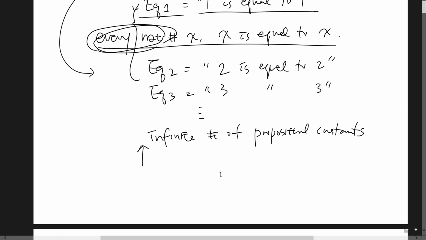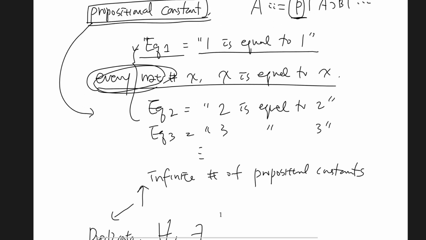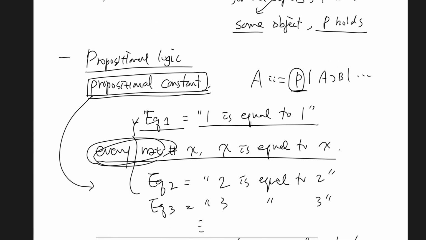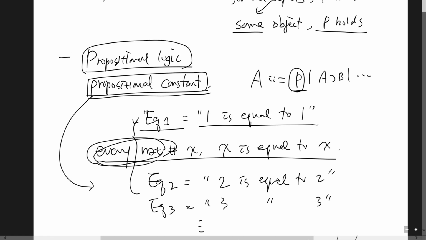So that's the motivation for introducing predicates and the quantifiers for all and exists. To summarize, propositional logic relies on propositional constants.